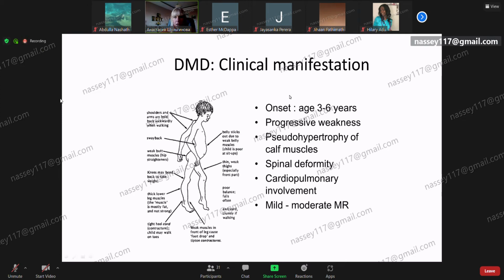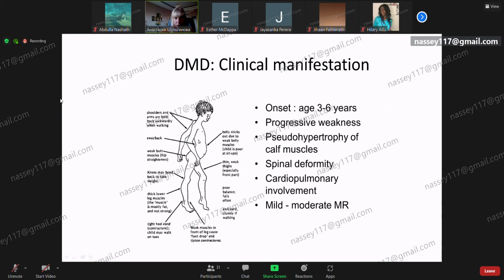So clinical manifestation, yes, onset at 3 to 6 years, then progressive weakness, severe hypertrophy of the calf muscle. In the illustration, we see it in the distal part of the extremity.